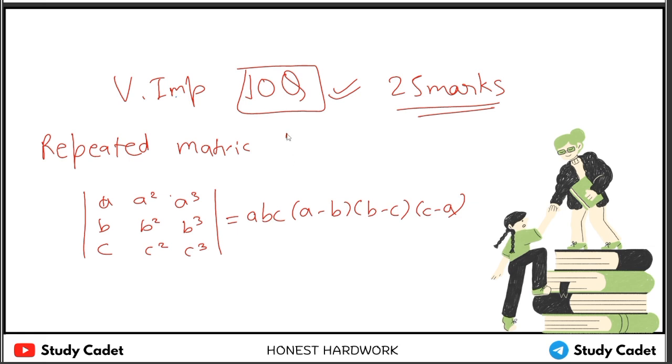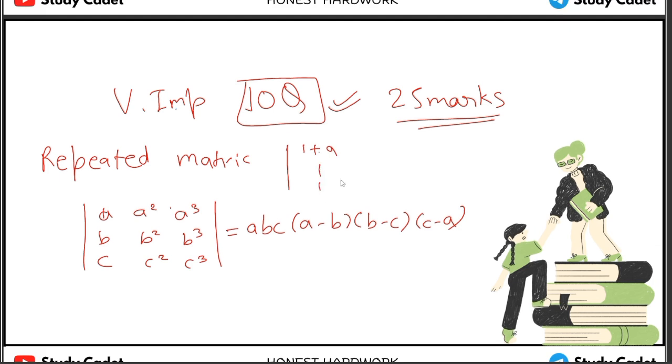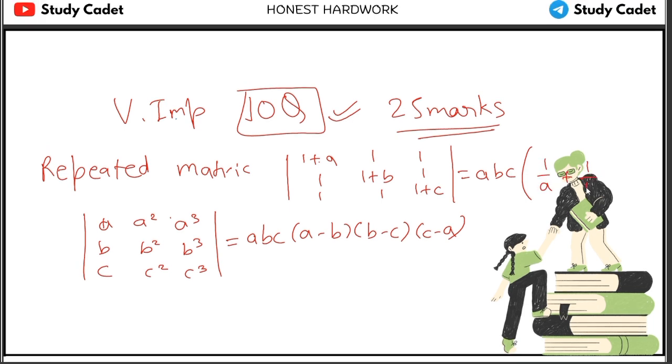One very important one is 1 plus a, 1, 1; 1, 1 plus b, 1; 1, 1, 1 plus c. The value of this matrix is abc into (1/a plus 1/b plus 1/c plus 1). So you should learn these kinds of determinant values also, which are asked repeatedly.